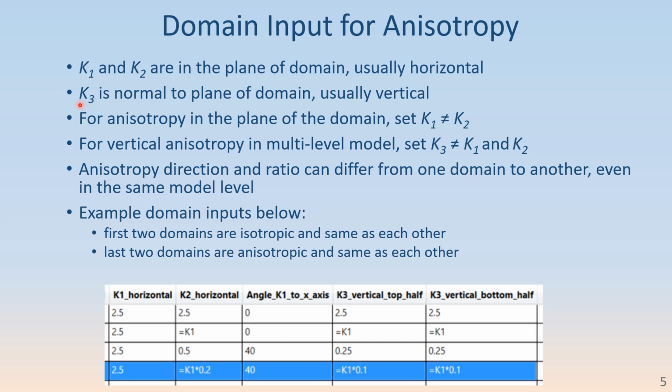K3 is normal to the plane of the domain, usually vertical in a multi-layer model with domains, the plane of the domains being horizontal. If you want anisotropy in the plane of the domain, have K1 unequal to K2. For vertical anisotropy in a multi-level model, have K3 different from K1 and K2.